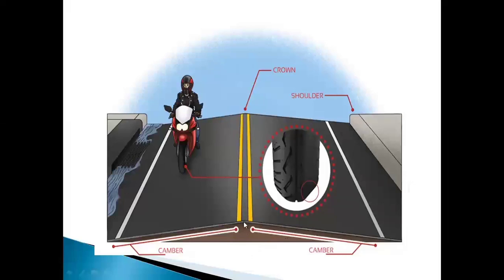At the yellow line, some slope is provided to both sides of the road. This slope is called camber, and the inner edge of this slope is called the crown. Hope you all get what is a camber.